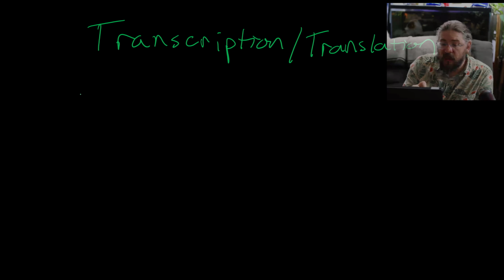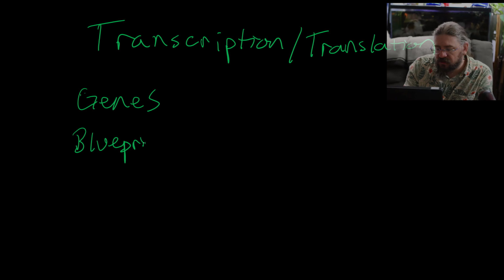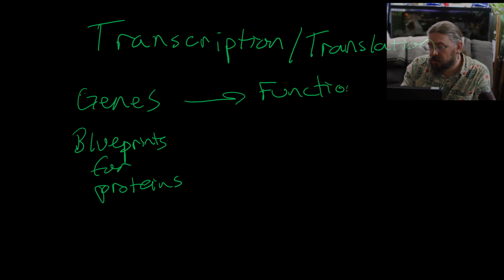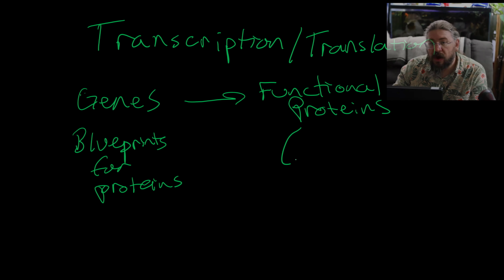It is all about how we go from the genes, which are the blueprints for proteins, all the way to functional proteins, which are the things that actually do stuff.